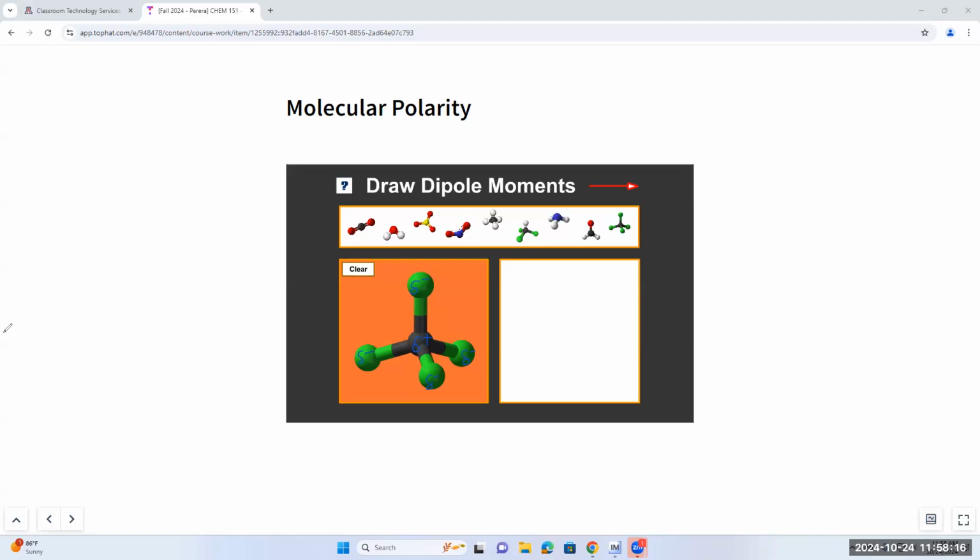Number one. Then I draw my bond dipole moments. So I have one going up like this, 1, 2, 3, and 4. I'm going to crash and burn here, it's really hard to draw this.